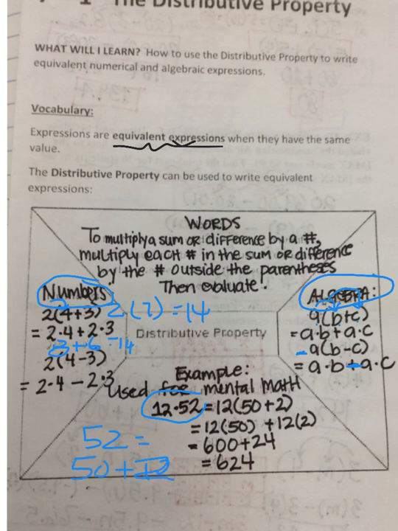So that's where we get the 12 times 50, because you're multiplying 12 times 50, 12 times 2. So 12 times 50 is 600, 12 times 2 is 24, and that would give us 624. So a use for the distributive property is to help us solve problems a little faster using mental math.